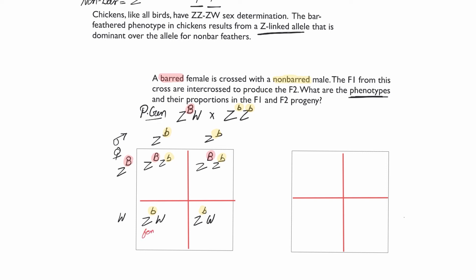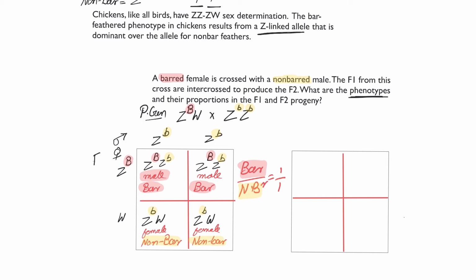So this is a female, this is a female, both are non-bar, right? This is a male, this is a male, and both of them have bar feathers, right? And what is the phenotypic ratio here? The bar and non-bar phenotypes are present in a phenotypic ratio of 1:1. That's part 1 of the question.